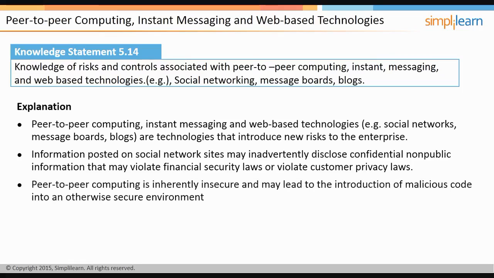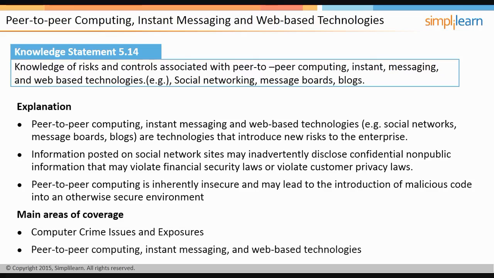Peer-to-peer computing is inherently insecure and may lead to the introduction of malicious code into an otherwise secure environment. Main areas to be covered here are computer crime issues and exposures, peer-to-peer computing, instant messaging, and web-based technologies. In the next screen, we'll learn more about peer-to-peer computing.